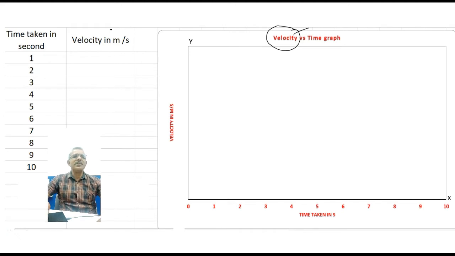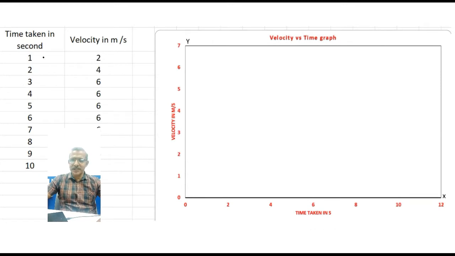And let us take a few values of velocity, and these are for the first second. The body which is moving, maybe it's a cycle, somebody is riding a cycle and he is going, let's suppose, at 2 meters per second. He covers 2 meters in 1 second and so on. Then it takes 4 meters per second, 6 meters per second and so on.